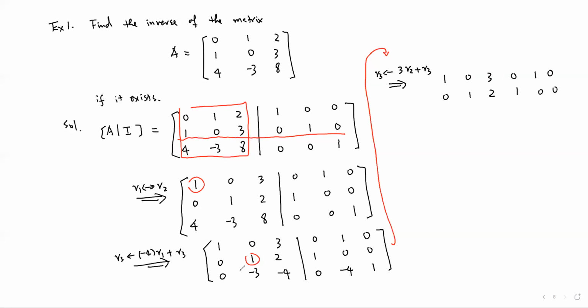Now row 3 changes. Positive 3 times 1, add to negative 3, so 0. Positive 3 times 2, 6, add to negative 4, 2. Positive 3 times 1, add to 0, so 3. Positive 3 times 0, add to negative 4, negative 4. Times 0, add to 1, so 1.